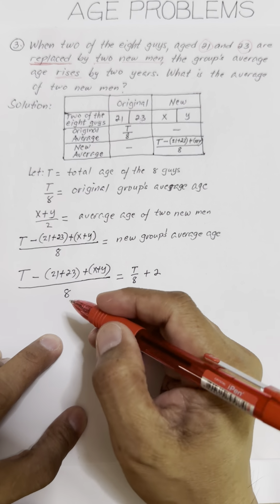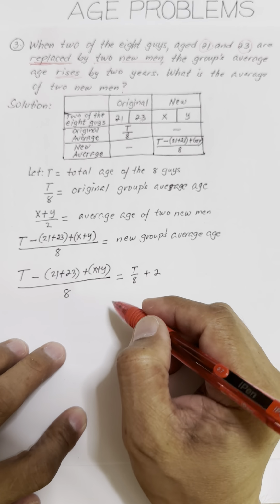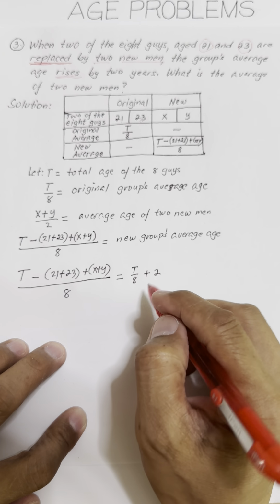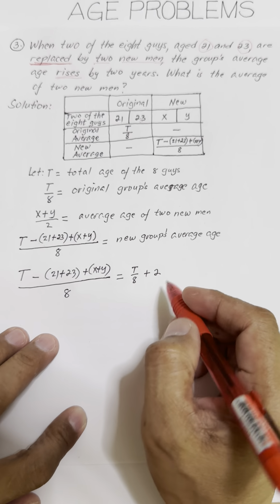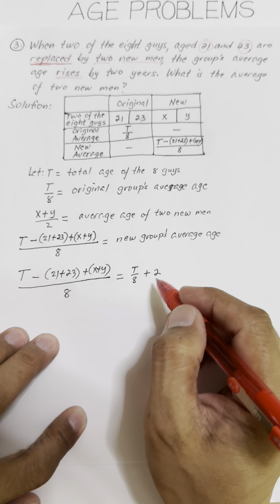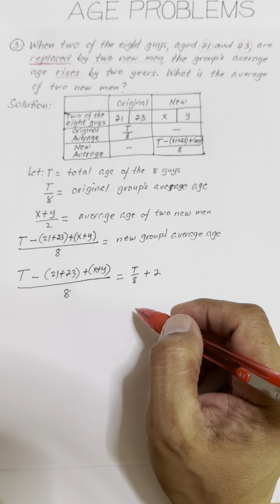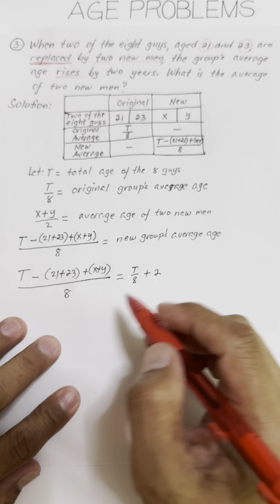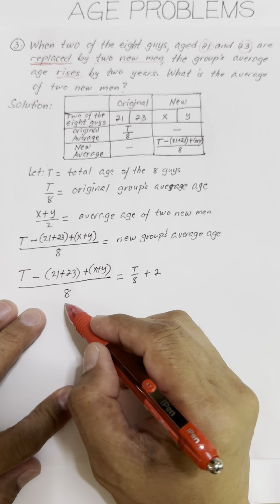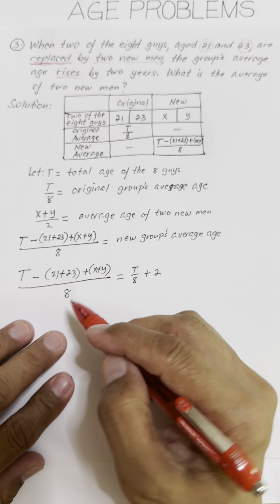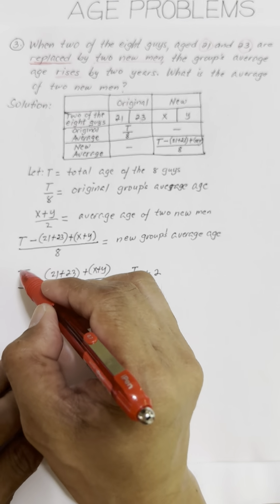The first step in solving an equation that contains fractions is to remove the fractions, or the denominator. To do that, we multiply both sides by the LCD or the LCM. LCD means least common denominator, LCM means least common multiple. But fortunately, we have only 8 on both sides as the denominator, so we just multiply both sides by 8.